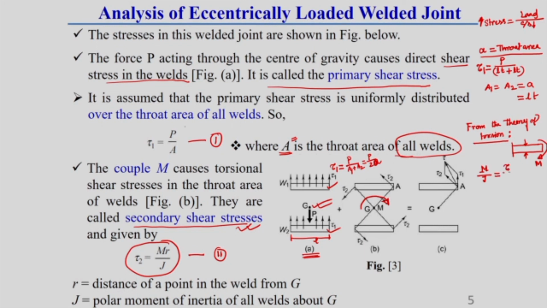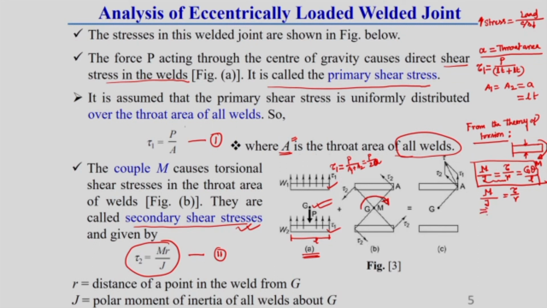shear stress tau by R, equal to G theta by L. This is a very common relationship, so I am not going to derive it here. From here we can get the relationship M by J equals tau by r, from these two initial terms.